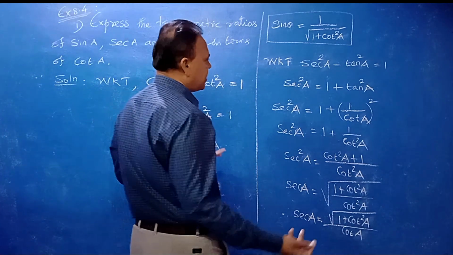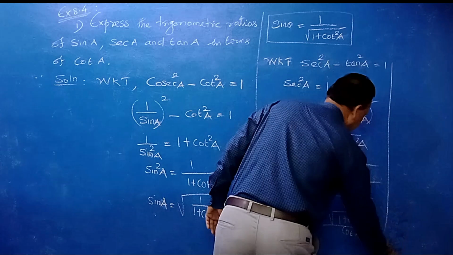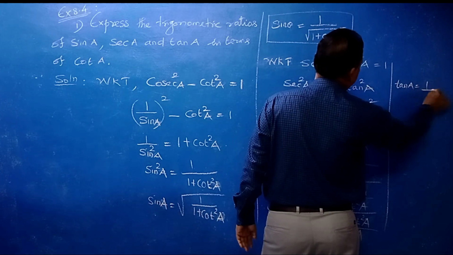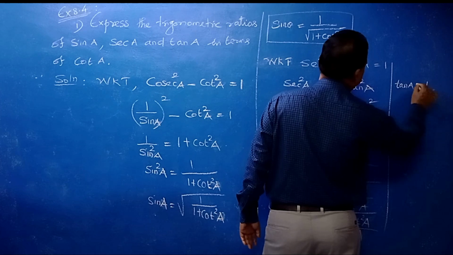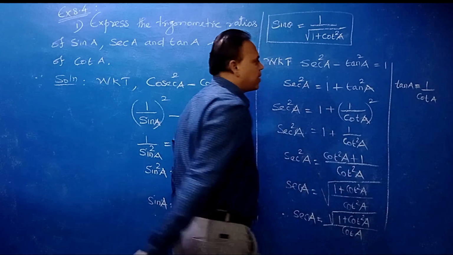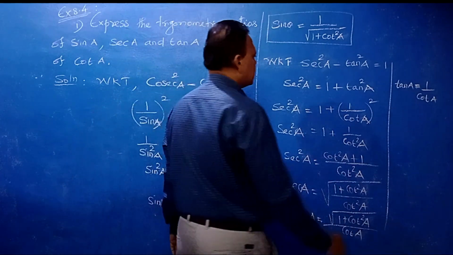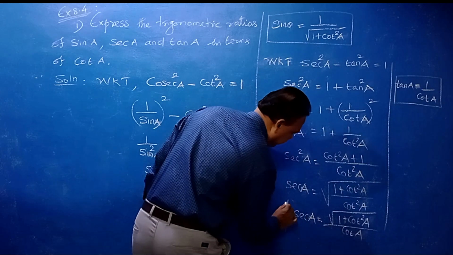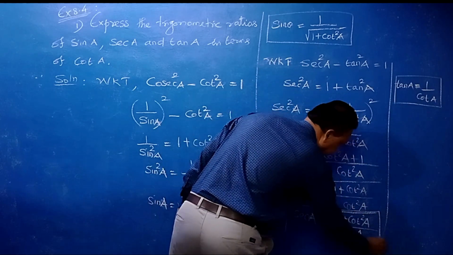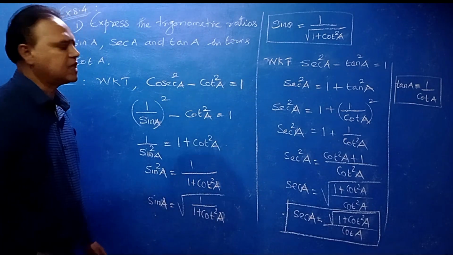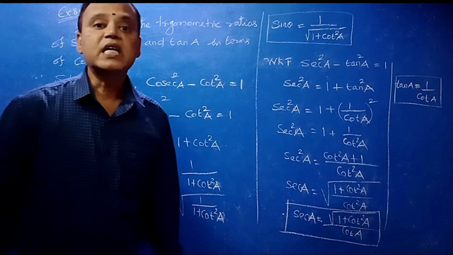Now tan A is nothing but 1 by cot A. Straight away you can write the reciprocal of cot, 1 by cot A. So tan A in terms of cot is 1 by cot A. Understand? So three things you got it. Like this you can easily do it by using trigonometry identities.